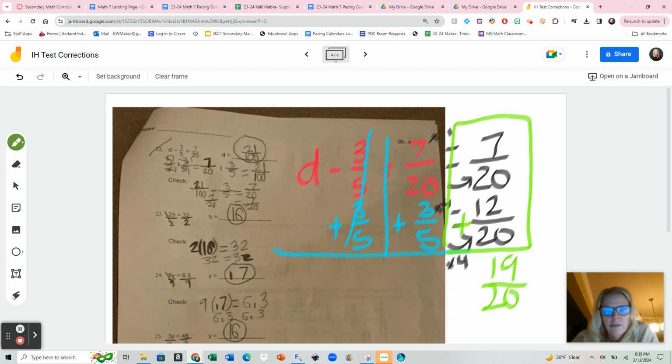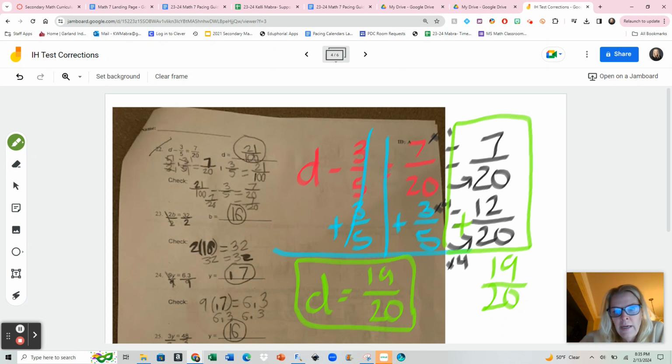So the answer here is D is equal to 19 over 20. The reason why it cannot be reduced or simplified is that we keep it the same. All right, that one is that one.